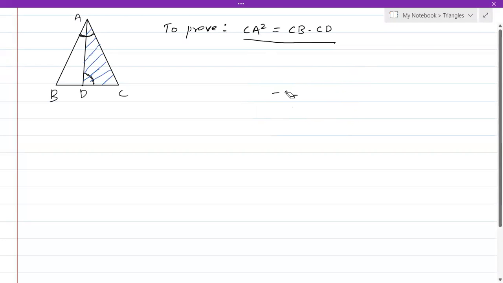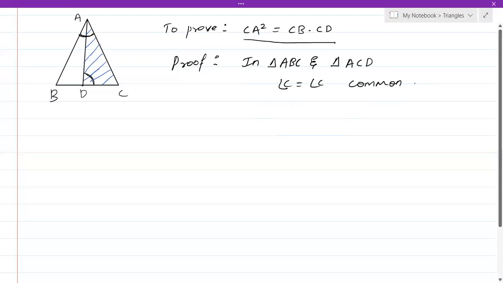If we prove similar, we'll get the required answer. So coming to the proof, in triangle ABC and triangle ACD, we have got, if you observe carefully, angle C is common for both the triangle, whether it is the smaller one or the bigger one, common angle.